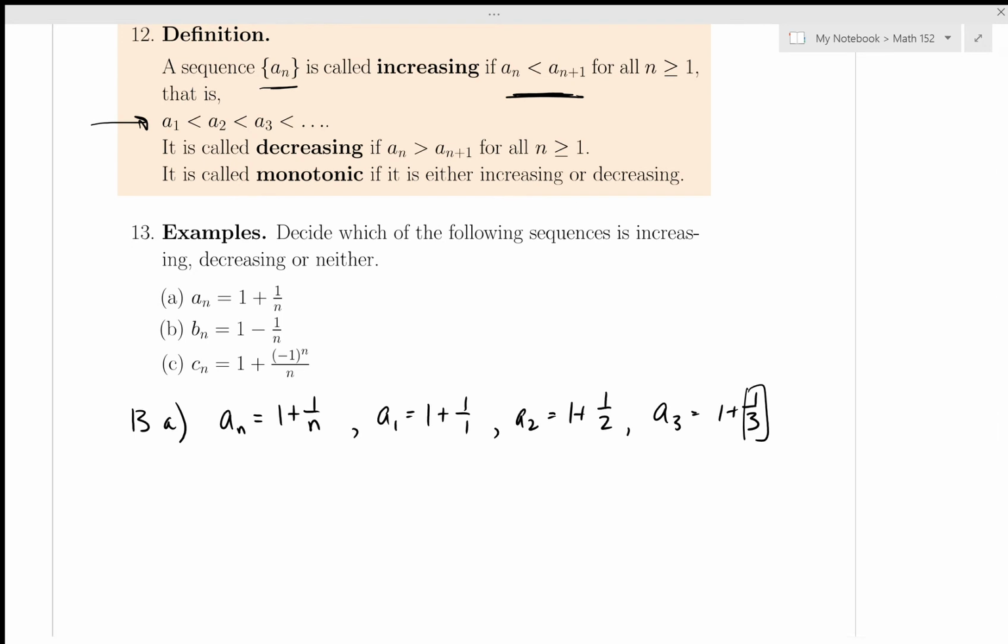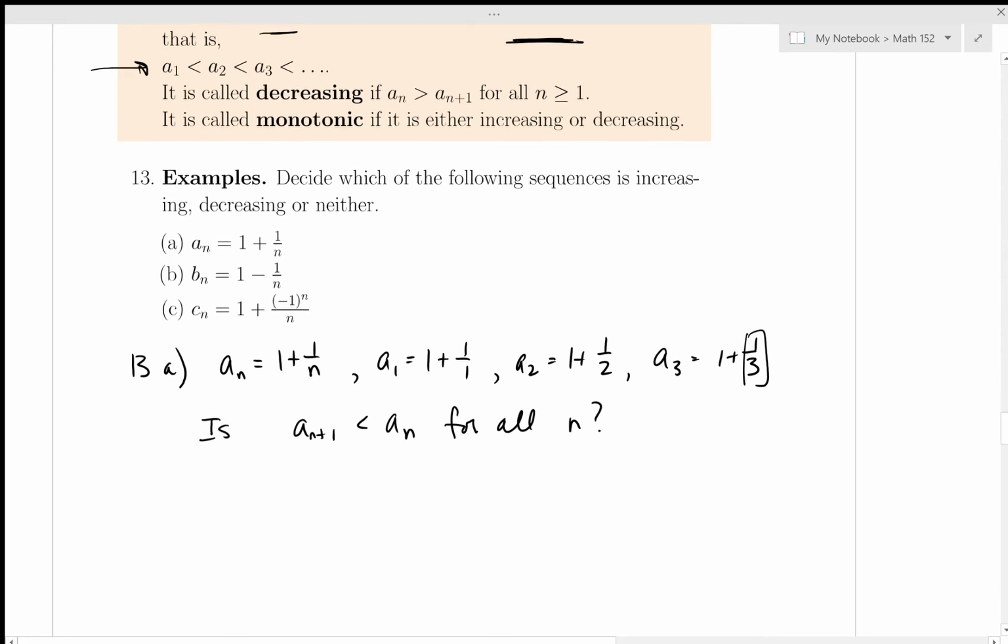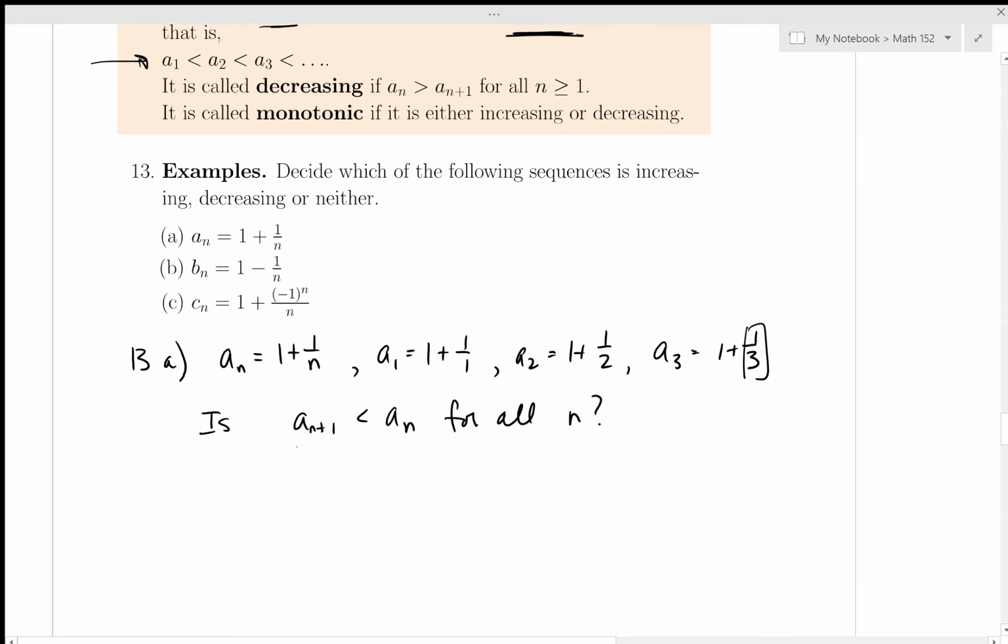So it is in fact decreasing, but I could then ask, is an plus 1 less than an for all n? How can I answer that question? Well, what is an plus 1? That looks like 1 plus 1 over n plus 1.